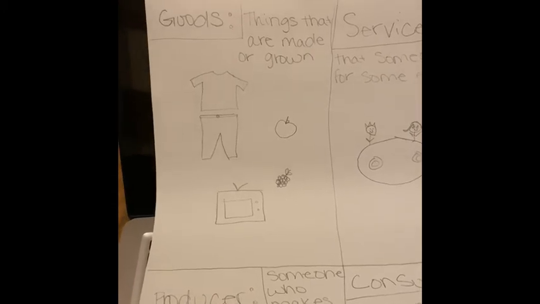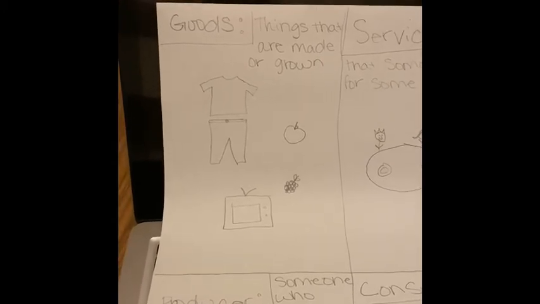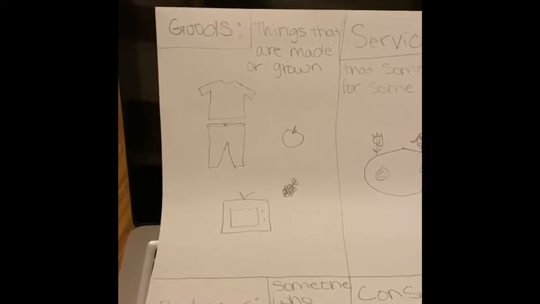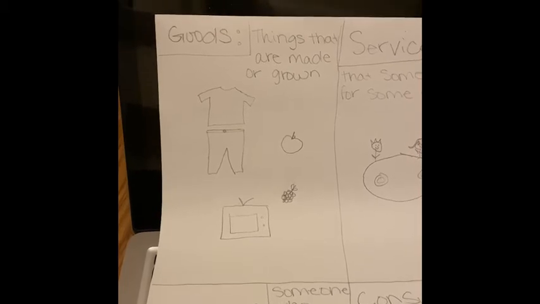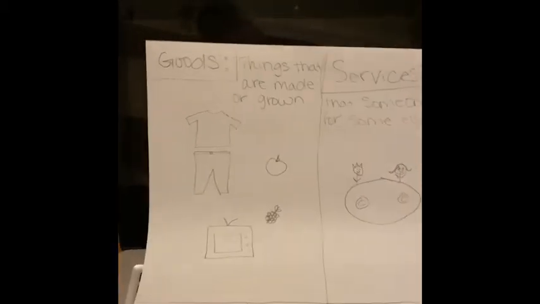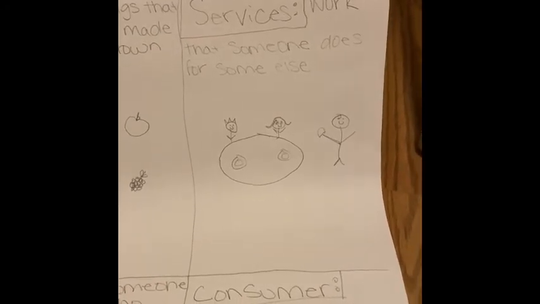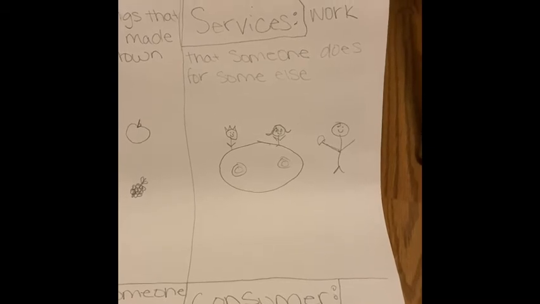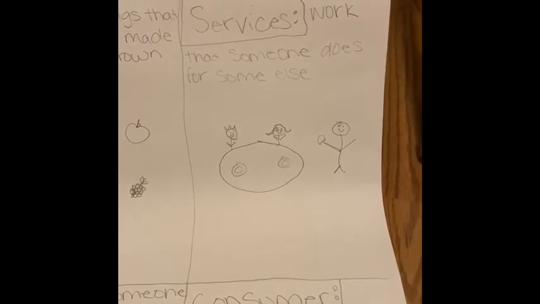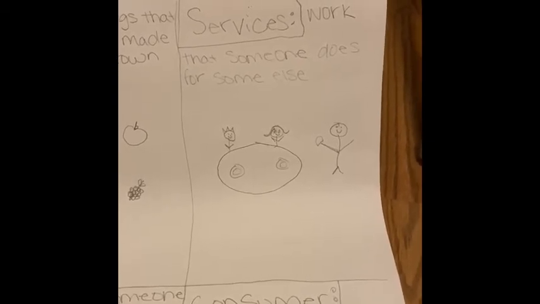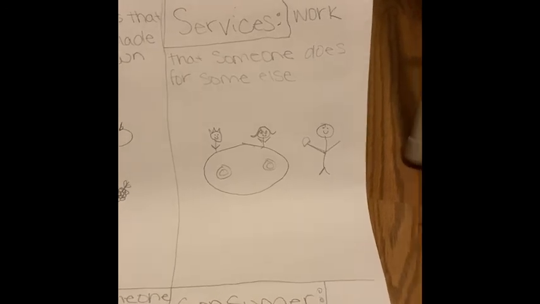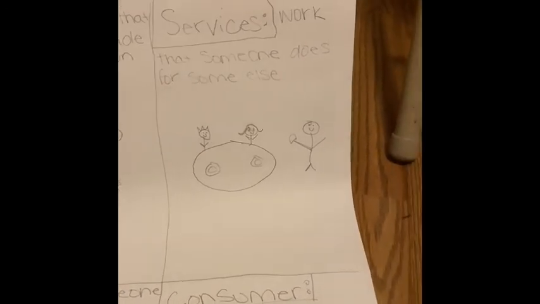So TVs are made, clothes are made, apples are grown, grapes are grown. Services, I feel most kids would probably associate services with being served at a restaurant. So work that someone does for someone else, and there's a little people eating at a restaurant.